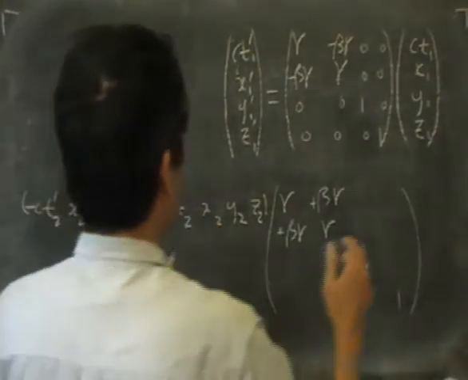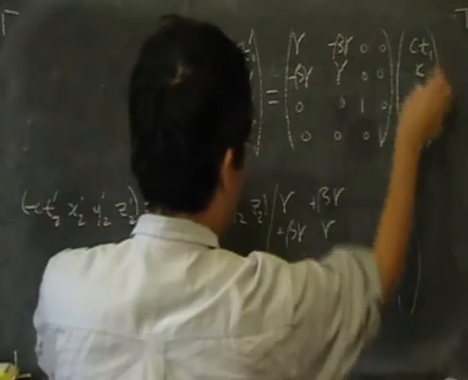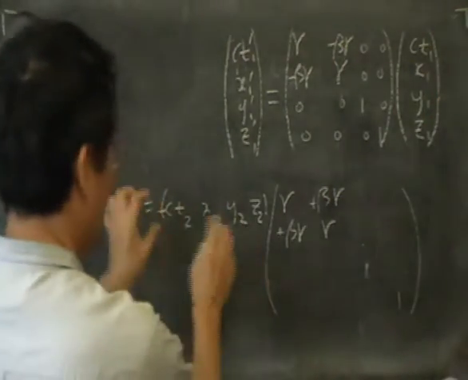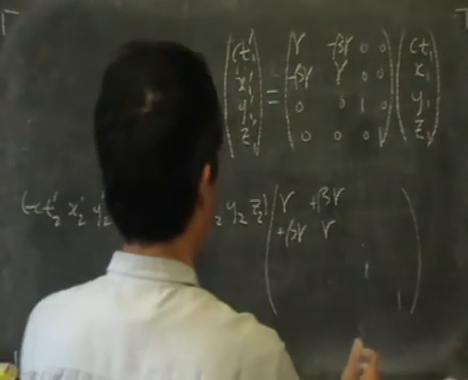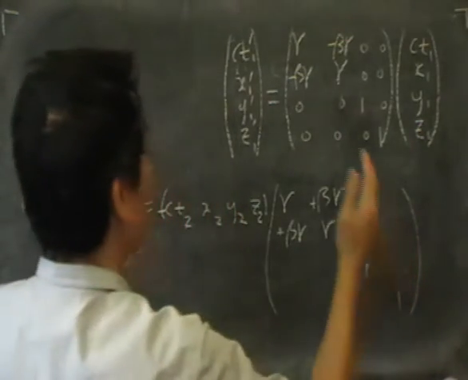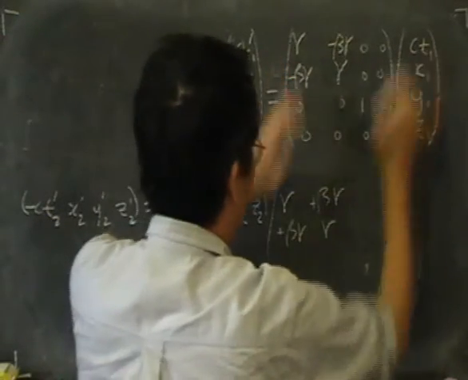You have this equation here. On the right side, you have matrix times vector. On the left side here, you have again vector times matrix. So I'm going to take the right hand side of this equation and multiply it by the right hand side of this equation.